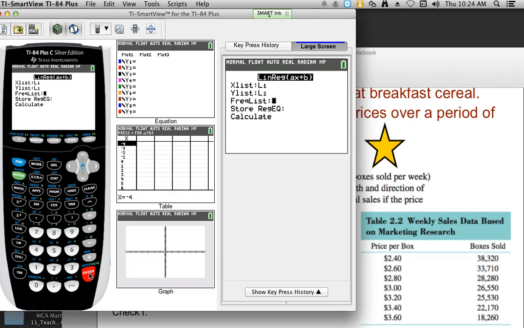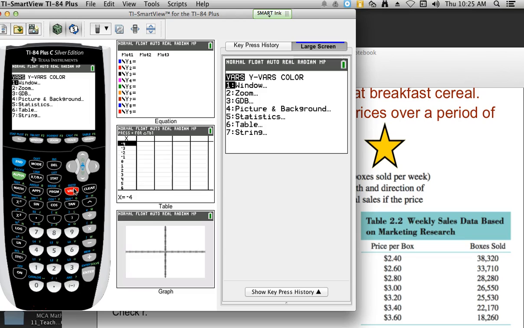The frequency list, we couldn't care less about that, but we want to store this so we don't have to do a lot of by hand math. And where we want to store this is y sub 1. So everybody is going to put y sub 1 in there. Now, some of you already have list 1, comma, list 2, comma. Let's all put this y sub 1 in there. So that's going to be variables, which is to the left of the clear key.